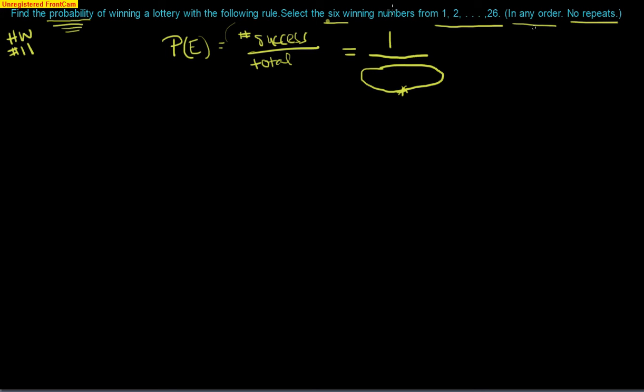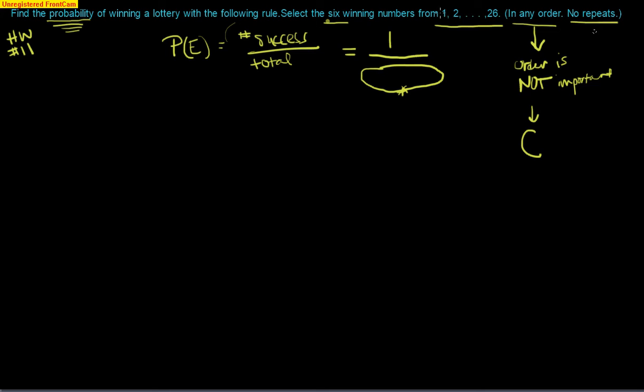And then, in fact, we do not have to arrange them. They're telling us here that order is not important. It does not matter. All right, so that right there tells us it is a combinations question, not a permutations question.